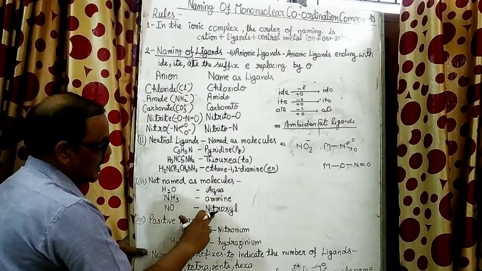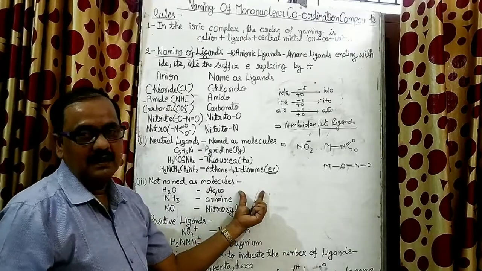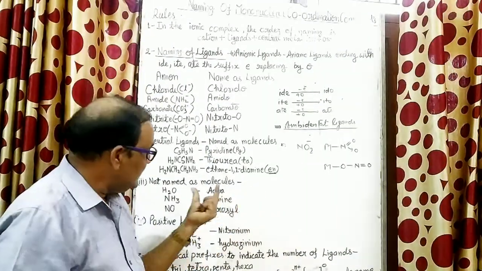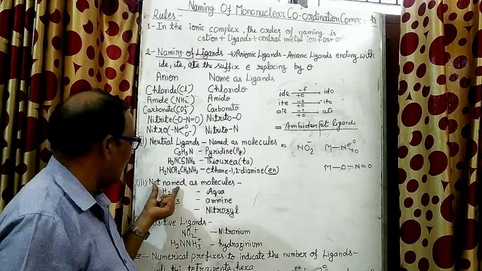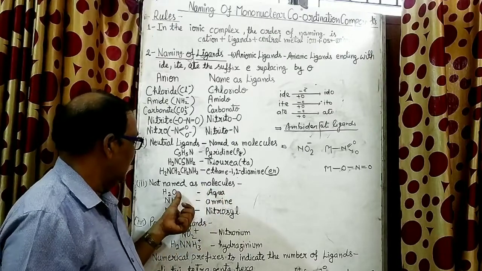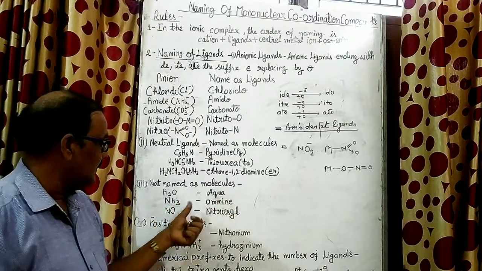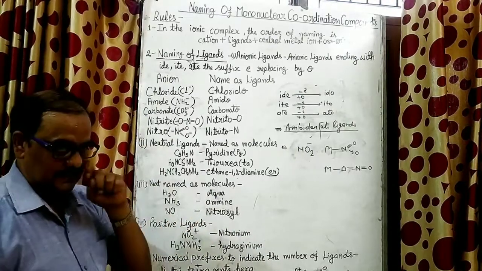NO, nitrosyl, similarly CO group, carbonyl. So these are the neutral ligands but not named as molecules, like H2O, aqua, NH3, ammine, NO, nitrosyl.